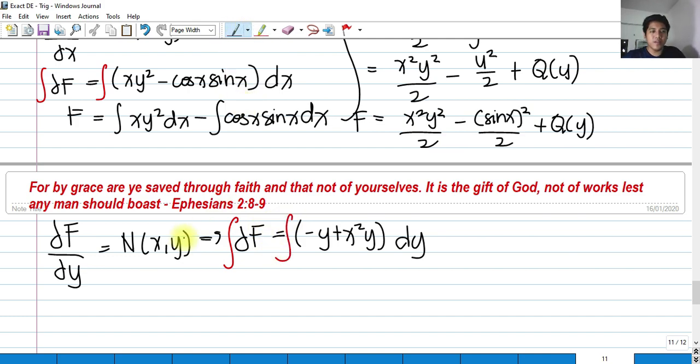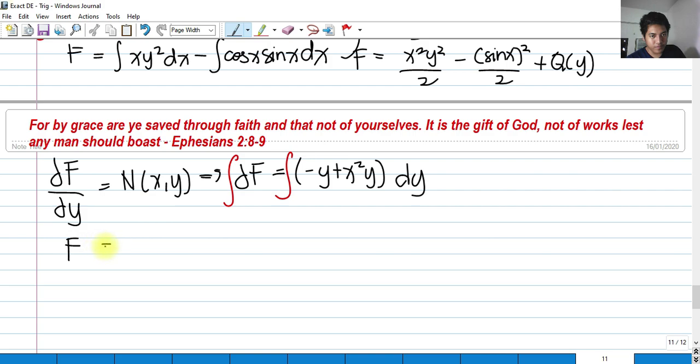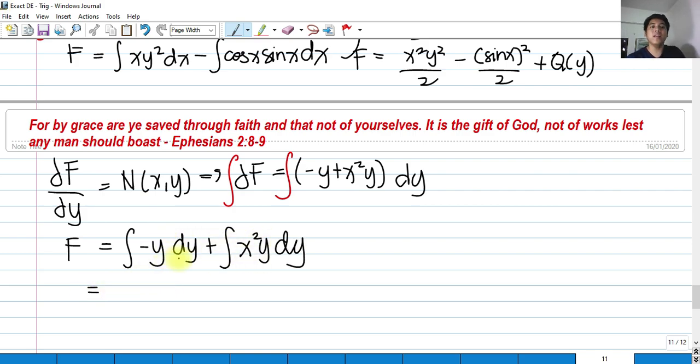So what will happen here is that we have f equal to, we can distribute the integral, the integral of negative y dy plus the integral of x squared y dy. And we are integrating with respect to y. So this would be negative y squared over 2.